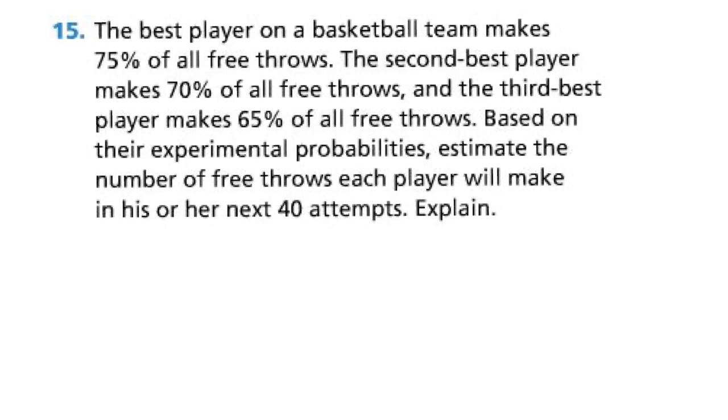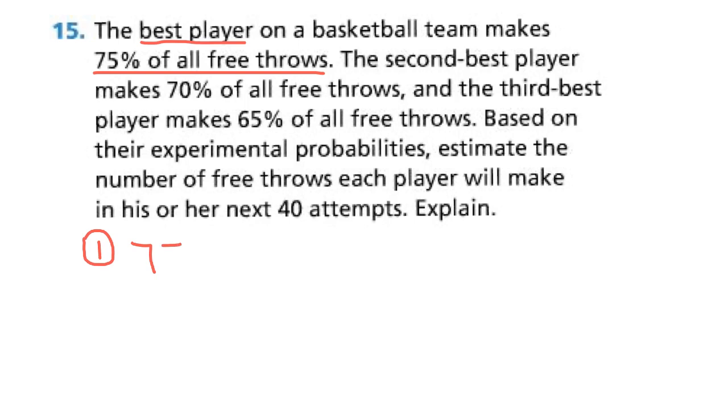Question 15. The best player on a basketball team makes 75% of all free throws. The second best player makes 70% of all free throws, and the third best player makes 65% of all free throws. Based on their experimental probabilities, estimate the number of free throws each player will make in his or her next 40 attempts and explain. The explanation is through the work. We're going to start off with our number 1 best player, and we're told that the best player makes 75% of all free throws.